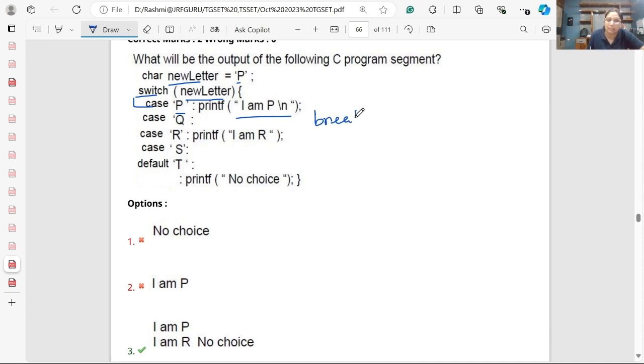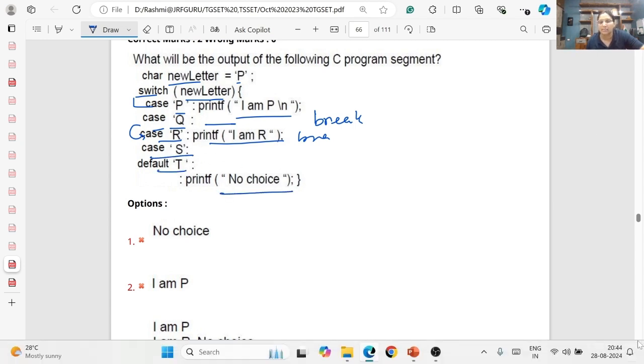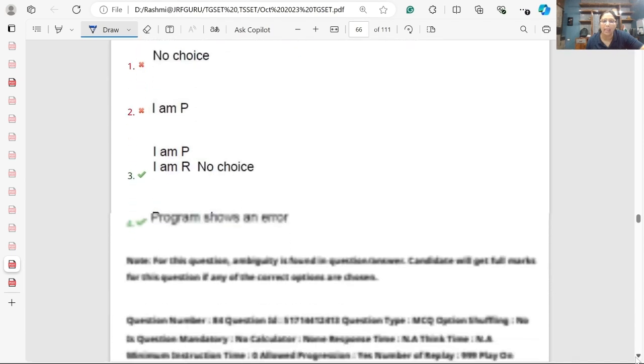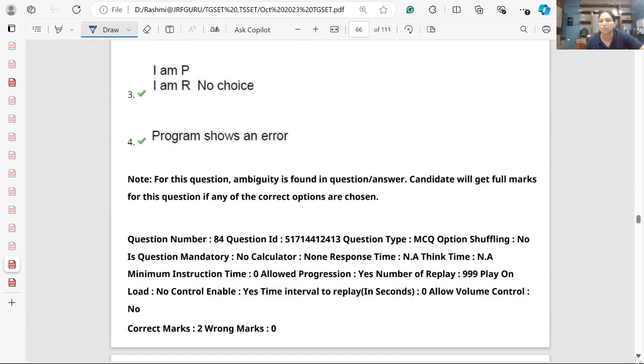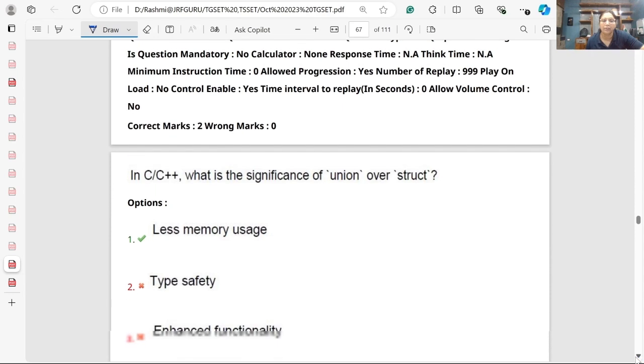So it will jump to the next statement, case Q. Nothing is given, then it will jump to case R and print I am R. Then again no break statement is given, so it will go to case S, then the default case, and print no choice. So the correct answer is I am P, I am R, and no choice. The answer is option 3. Now next question.